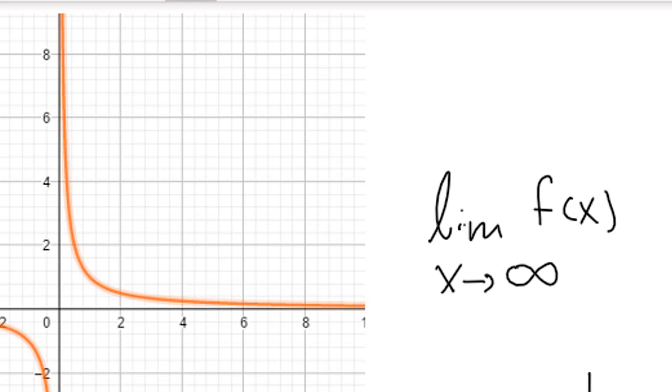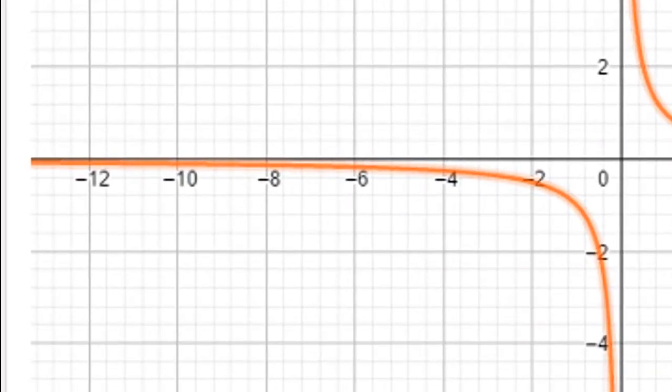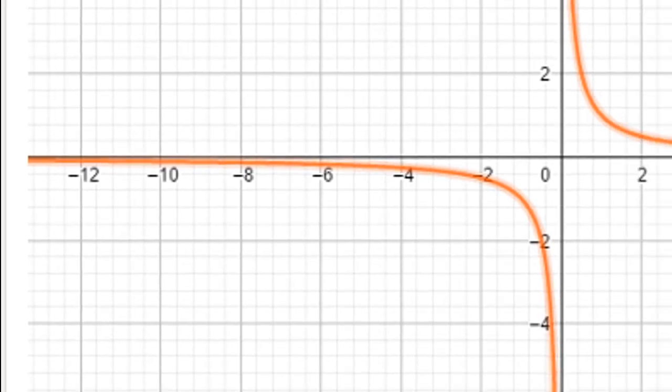That means I can say this limit is going to be 0. Now, when x approaches negative infinity, what is going to be the value of f of x? What is going to be the value of y? If I start with minus 2, minus 4, minus 6, minus 8, minus 10, minus 12, I can see that when I'm approaching negative infinity, the value of y is approaching 0. Then the limit is equal to 0.